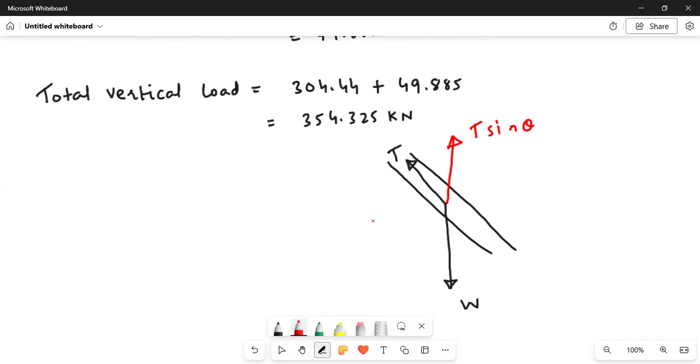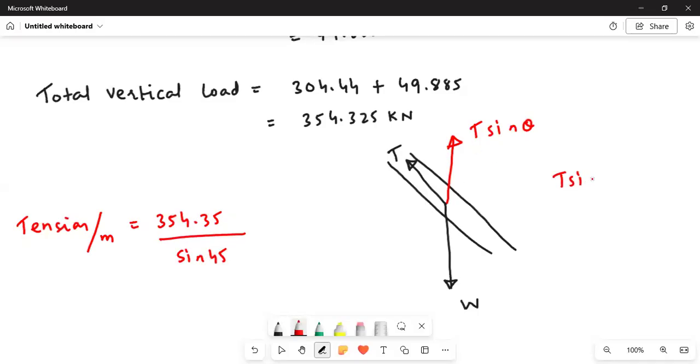See, we are not just finding tension, we are finding tension per meter. Per meter means the circumferential distance. Okay, so it is equal to the total load, that is 354.35 divided by sine theta, sine 45, because T sine theta equals W. So T equals W divided by sine theta.